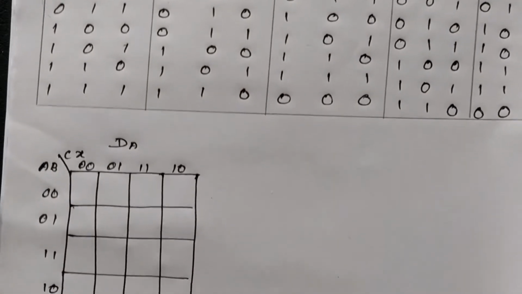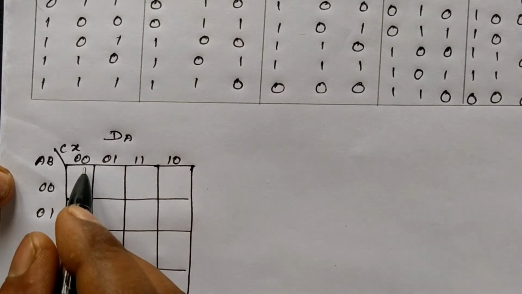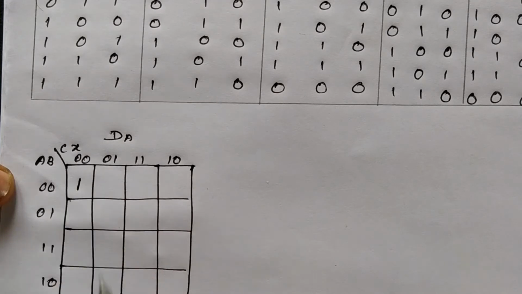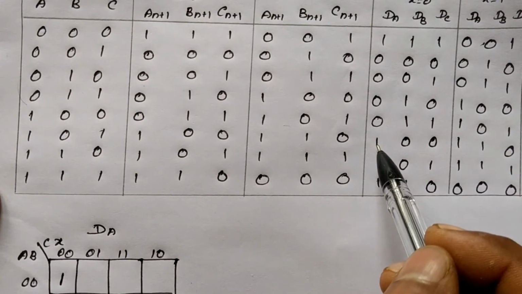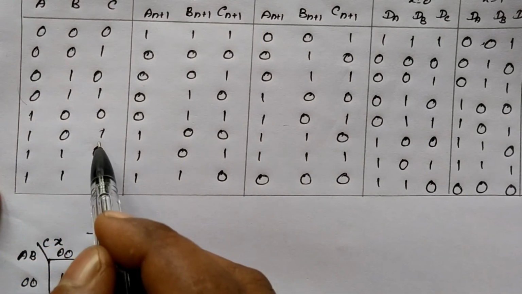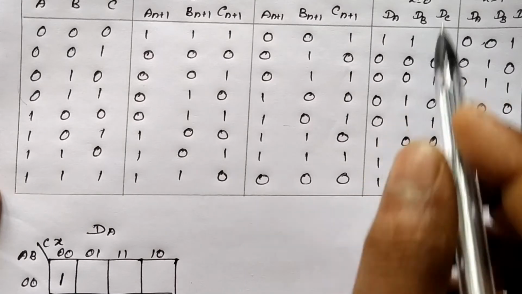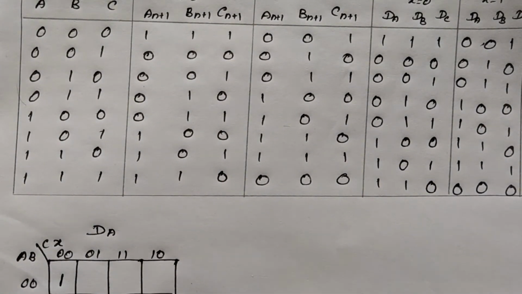Therefore in the K-map, the present state 0, 0, 0 and input 0, here we need to make it as 1. Likewise, here we are having 1, respective present state is 1, 0, 1 and input 0. Therefore, 1, 0, 1, 0, here its value is 1.